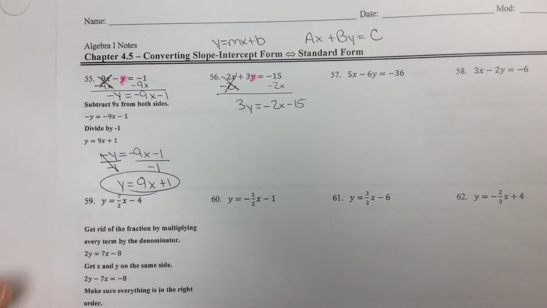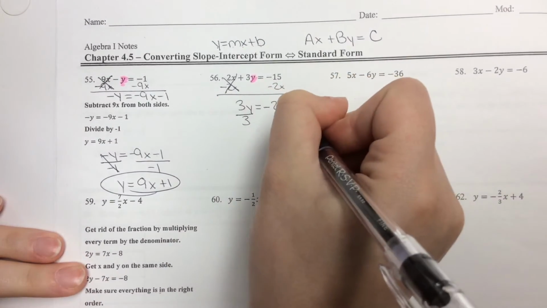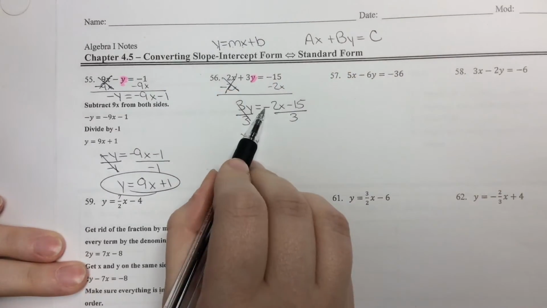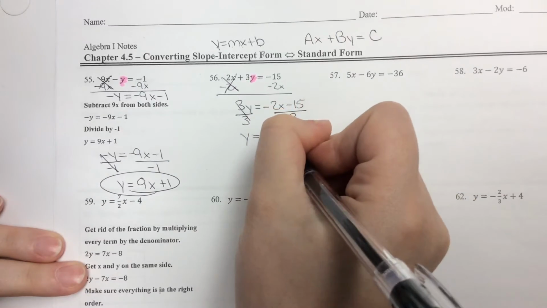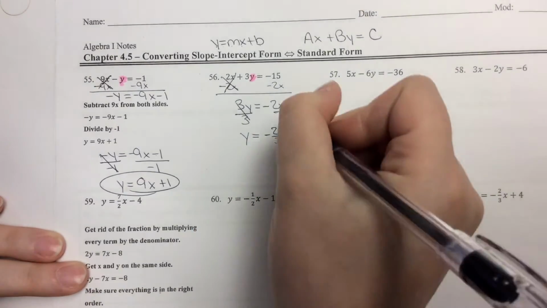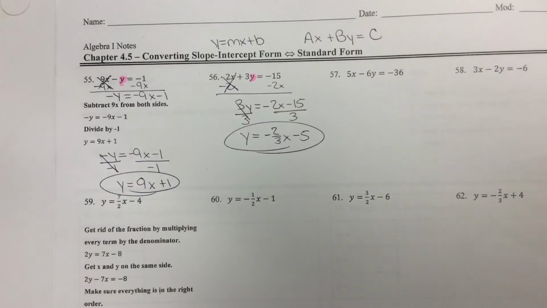All right, last step, we need y all by itself still, so divide by 3. Y equals, we have negative 2 divided by 3, so negative 2/3 x, and then negative 15 divided by 3, we know that's negative 5. So this is our equation in slope intercept form.